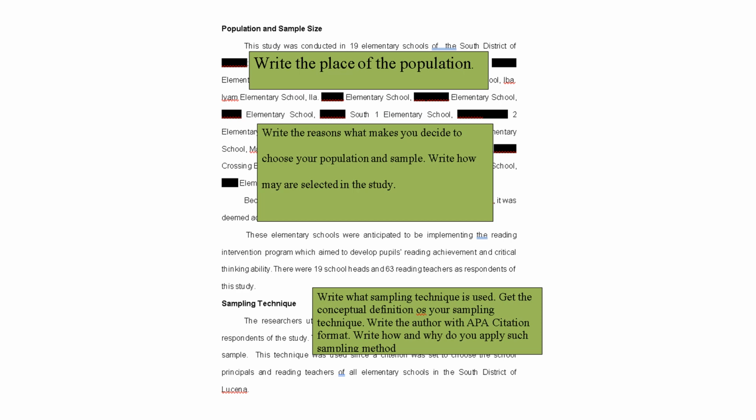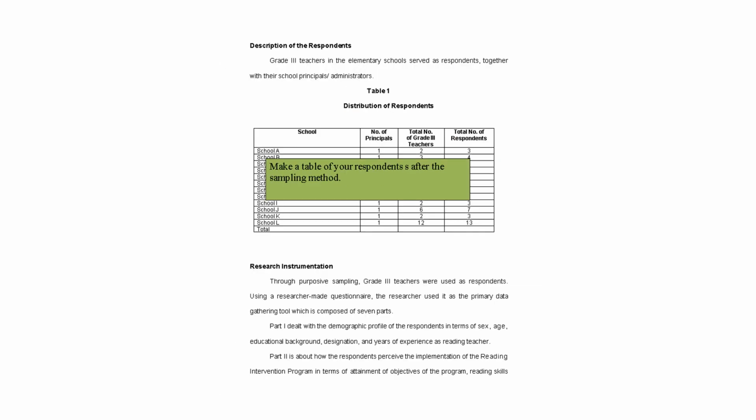Then after that, the sampling technique: write what sampling technique is used, and get the conceptual definition of your sampling technique. Write the author again with APA citation format, and write how and why you apply such a sampling method. So you explain it very well.